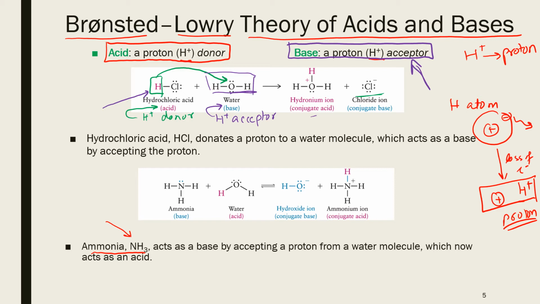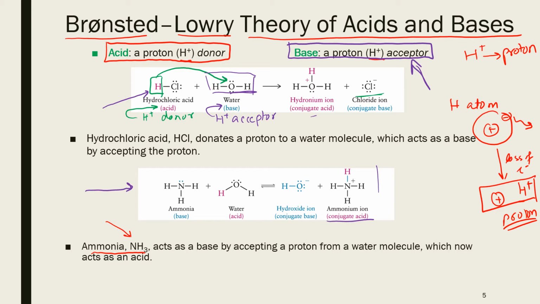Now initially I told you that ammonia is a base, but Arrhenius theory does not explain why it's a base. So let's see if the Bronsted and Lowry theory is any better. Let's take a look at the reaction of ammonia with water. In this case, after reacting with water, ammonia becomes ammonium ion and water becomes hydroxide ion.